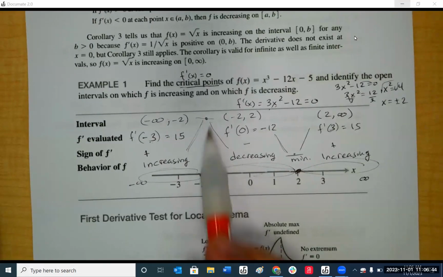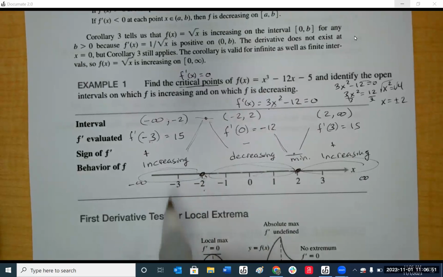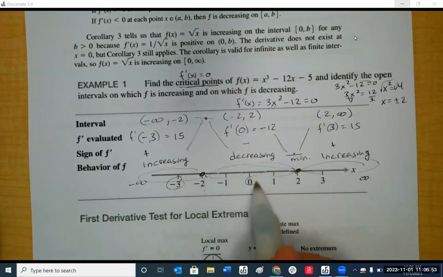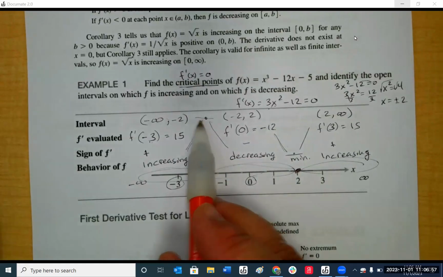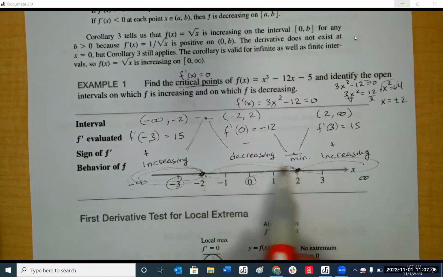Once we find the critical values, we take a point on both sides. I picked -3 and I picked 0. The intervals? Well, this is our first interval. It starts at -infinity and goes all the way to here. Then it goes within these two.